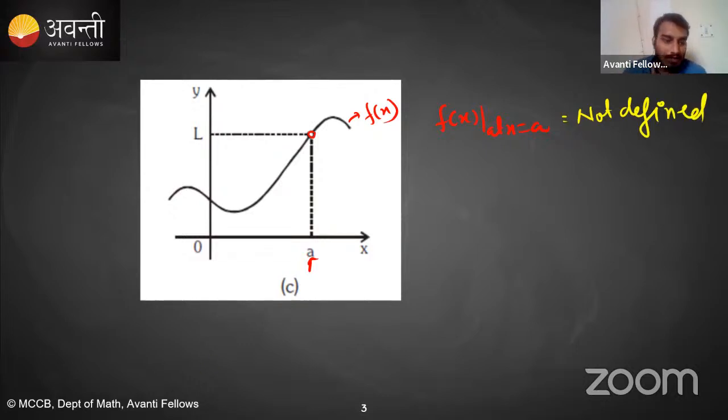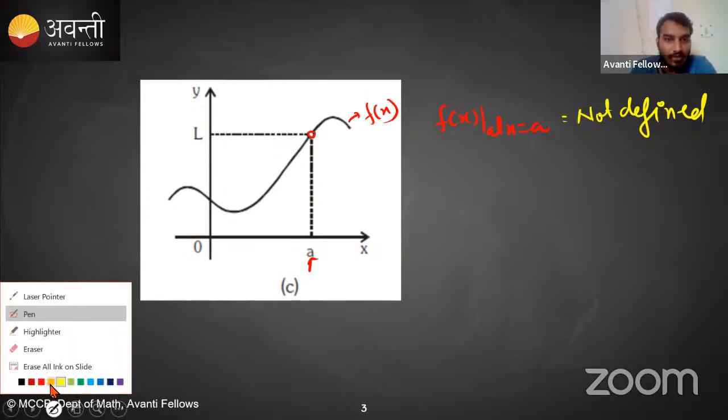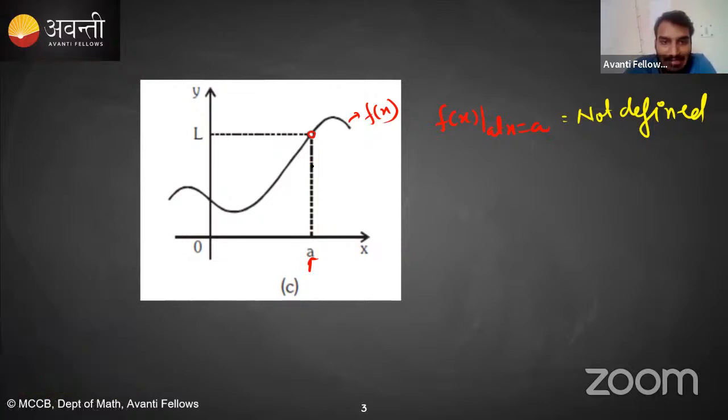Now, if I ask another question: if I approach x is equal to a, like this, or like this, the value of f of x is approaching towards L, right? Is this clear or no?